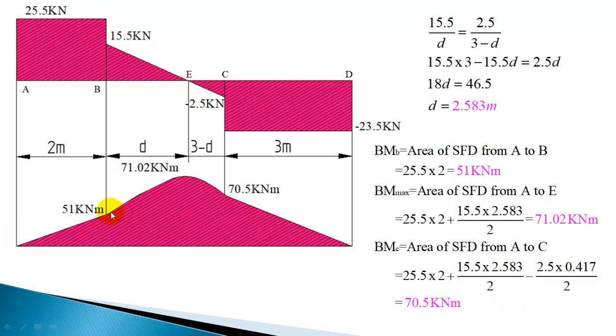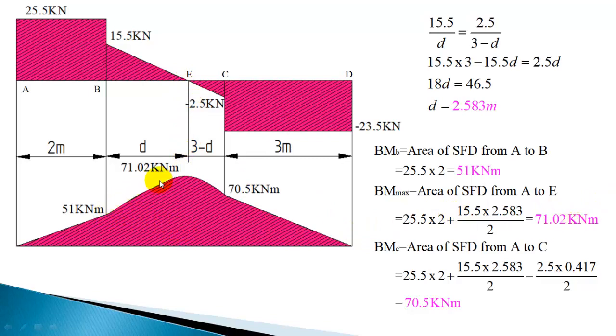So you can draw the bending moment diagram. Here we have calculated it as 51 kilonewton meter, and at C we have 70.5, and at E the peak point is 71.02.